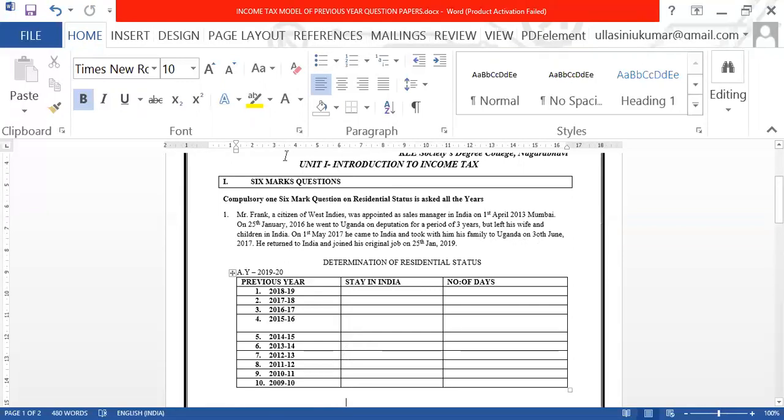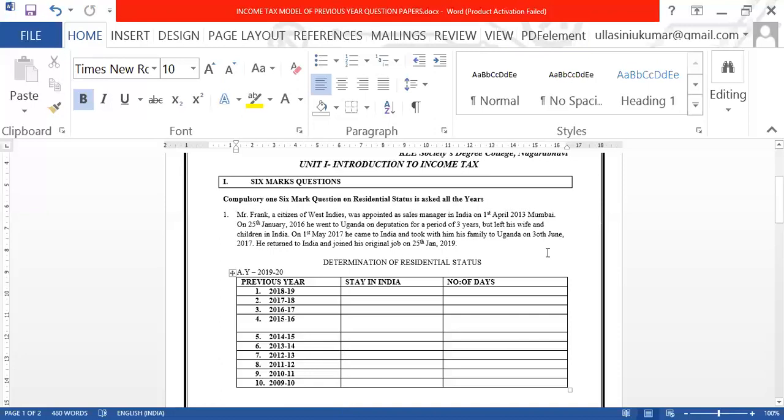So he returned to India on 1st May 2017 and stayed in India till 30th June 2017. After that he left for Uganda on 30th June 2017. Then he returned to India and joined his original job on 25th January 2019.